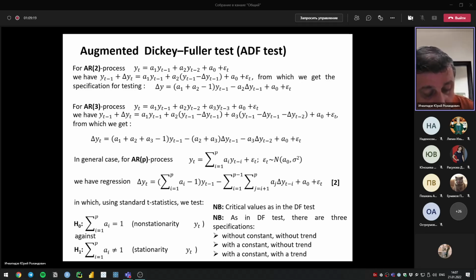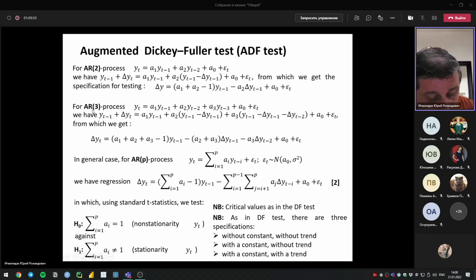The equality of the coefficients a1 plus a2 to 1 is tested, not a1 equals 1 anymore. And the sum of the autoregression coefficients must be equal to 1, so that these brackets in fact equal 0. And here is the same for the IR3 model.